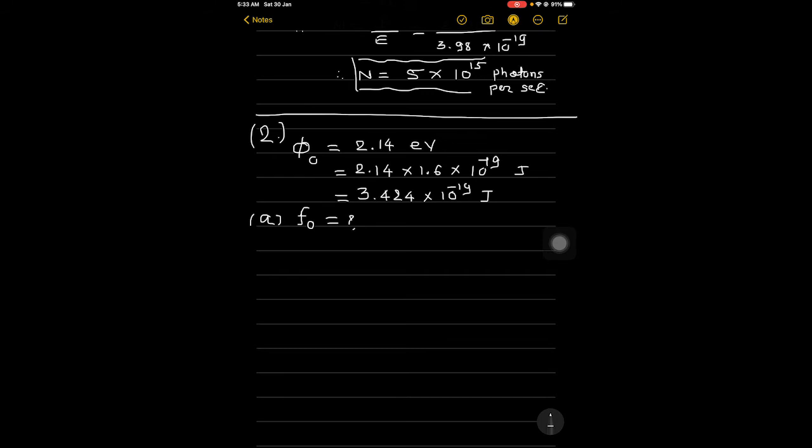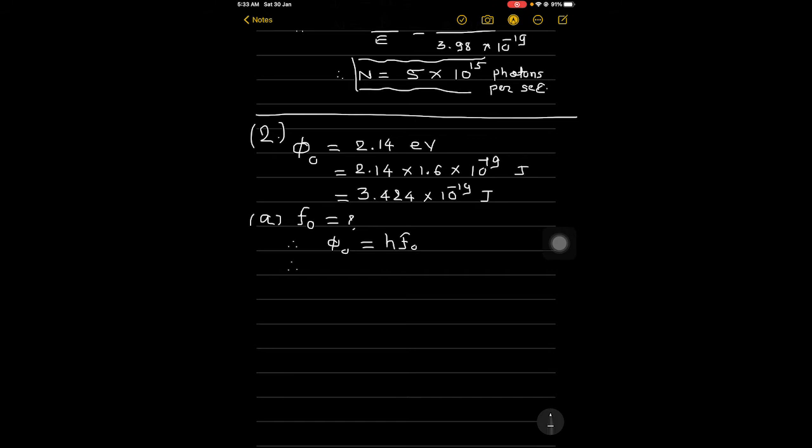So it is very clear that at the cutoff threshold frequency, the energy hF0 of the incident radiation must be equal to the work function, and therefore we can say that phi 0 is equal to hF0. Here F0 is the threshold frequency.